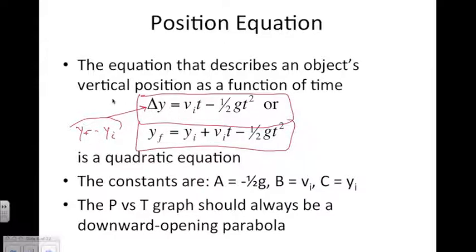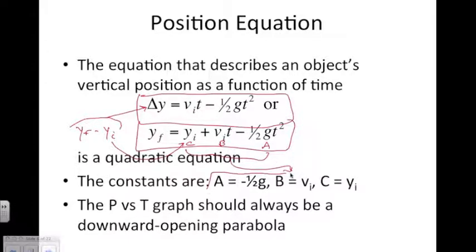And so since we take this from the previous slide and we just break it apart into its two components and move the initial displacement over there, we're going to have a quadratic equation. If you look at it, you've got your a right here and your b, because remember it's ax squared plus bx plus c, and that's what this means down here.